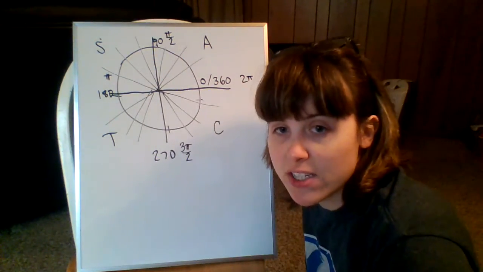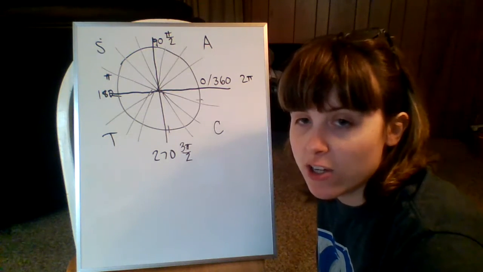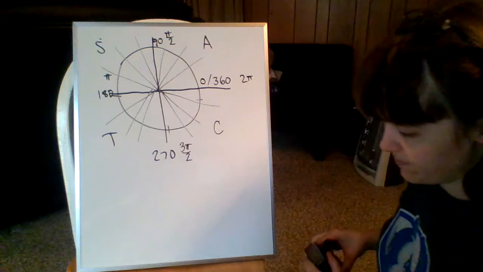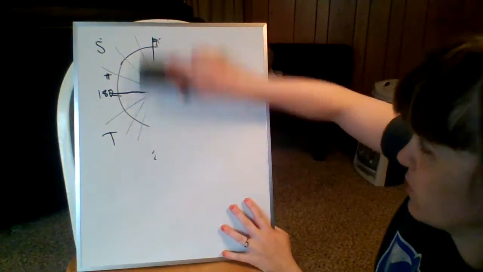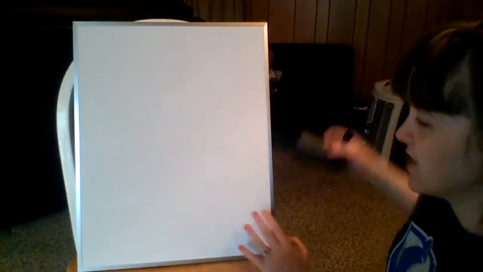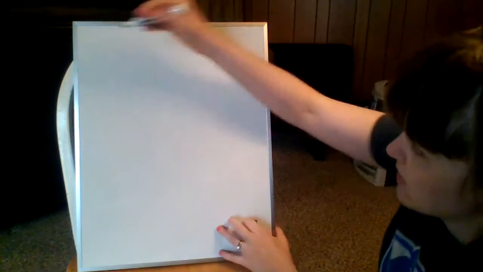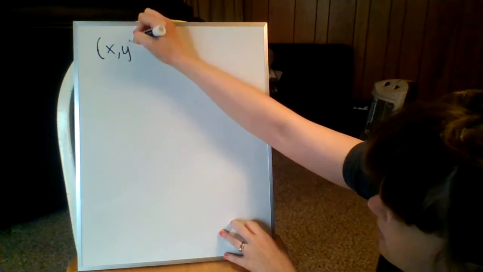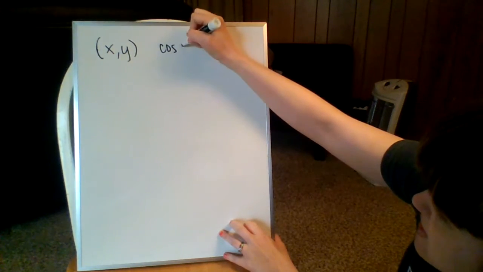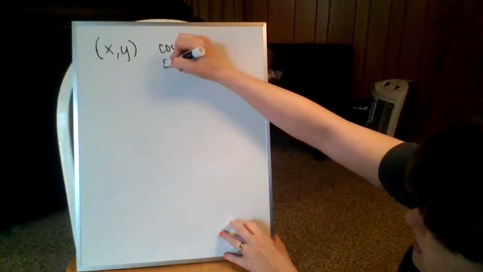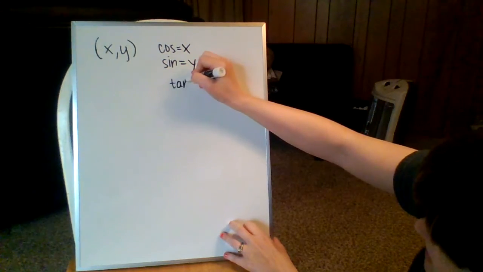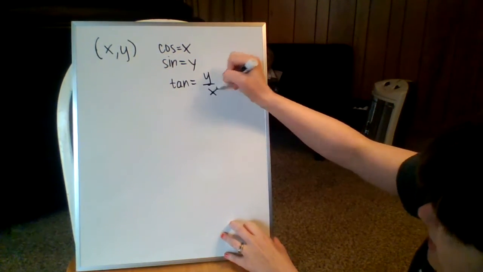And the coordinates tell us what sine and cosine are, and then you can figure out what tangent is based on those. So, to recap, because it's been a day or two since we thought about it, if you have a coordinate on the unit circle, cosine is x, sine is y, and tangent is y over x.